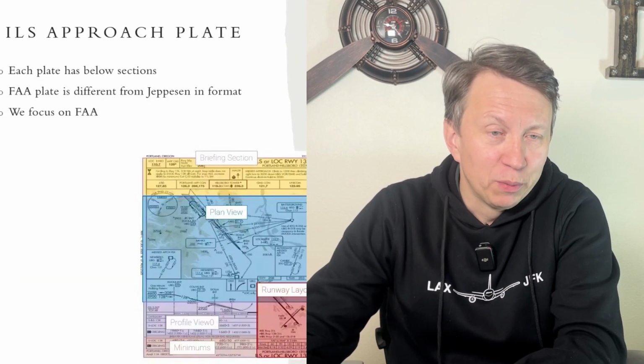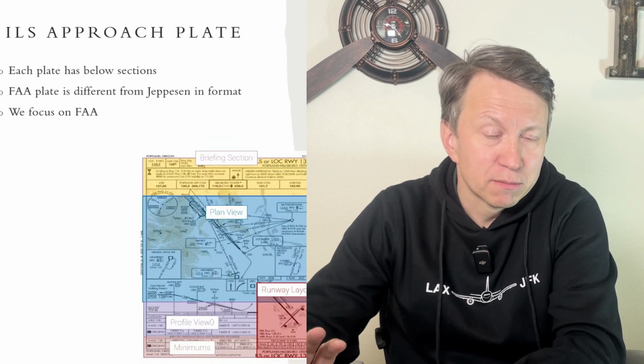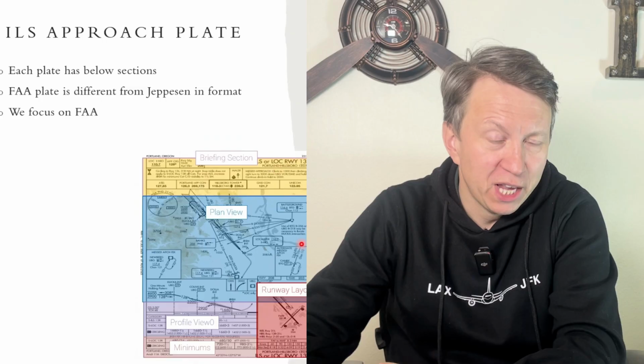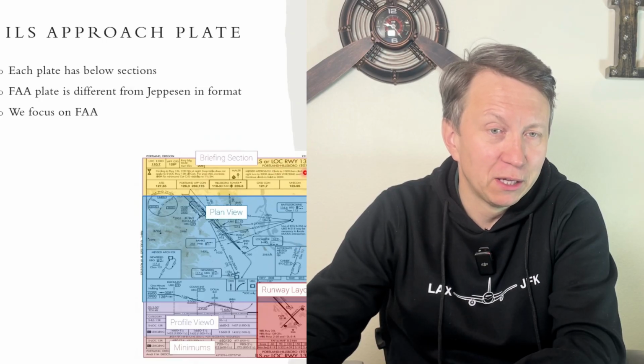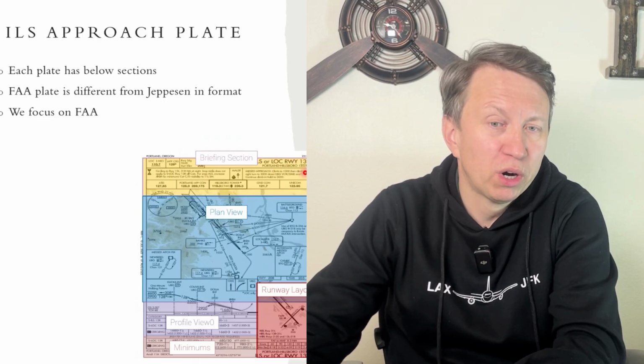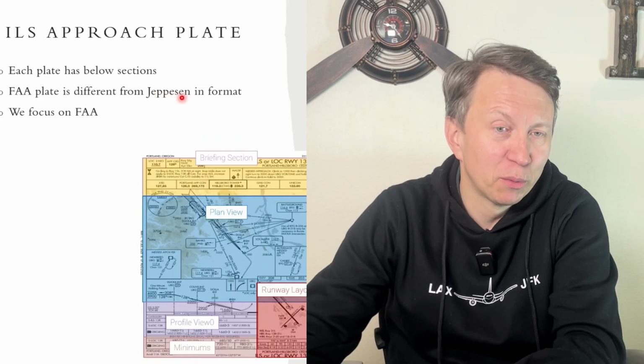Okay, so now let's go on approach plate. Each approach plate has several areas which have their own names, and they serve different purposes. We are looking at FAA plates. They are more available, although in commercial aviation, Jeppesen is the format of choice. We focus on FAA today.